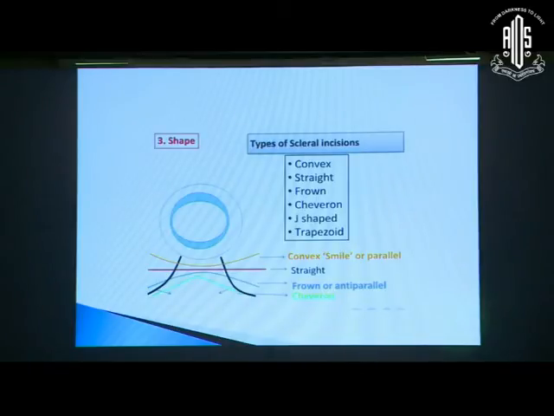If we consider the shape, we can have different shapes. Ideally, these shapes are for SICS, because in phaco most incisions are straight incisions only. But just to give a fair idea about the corner incision, I included this slide.